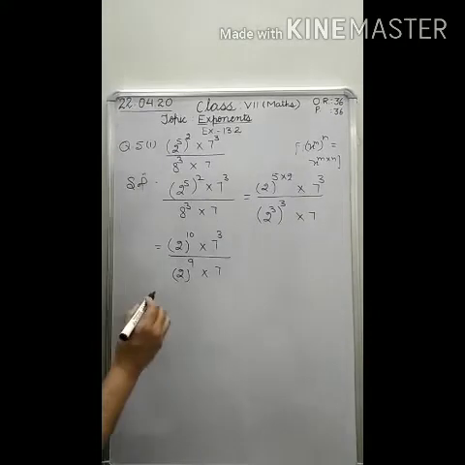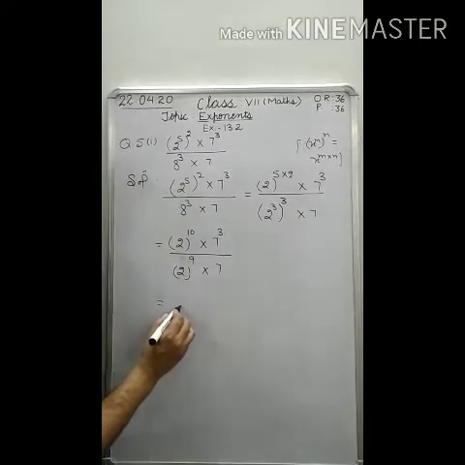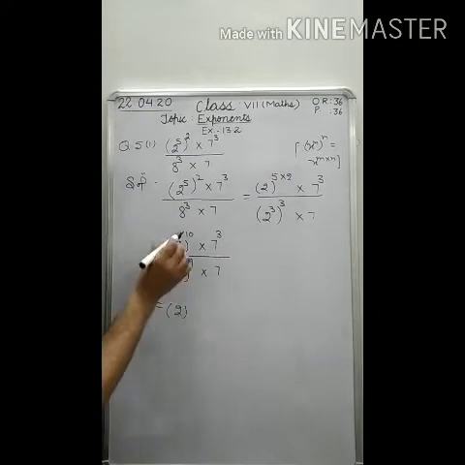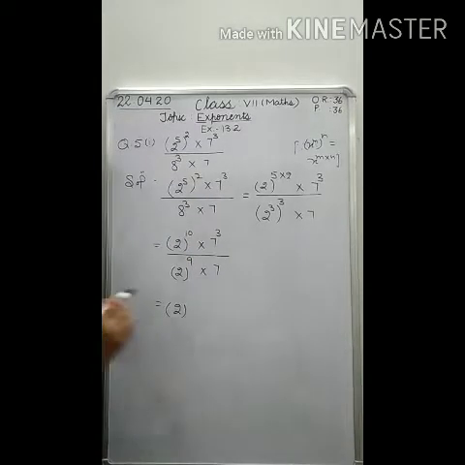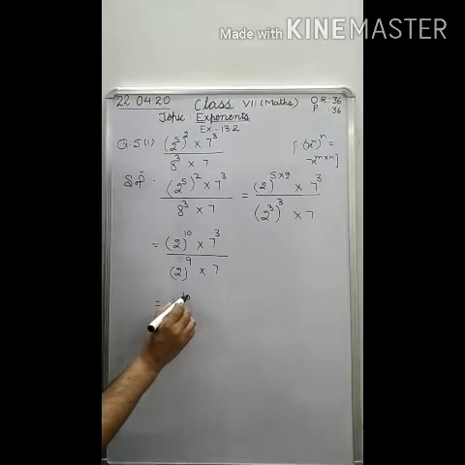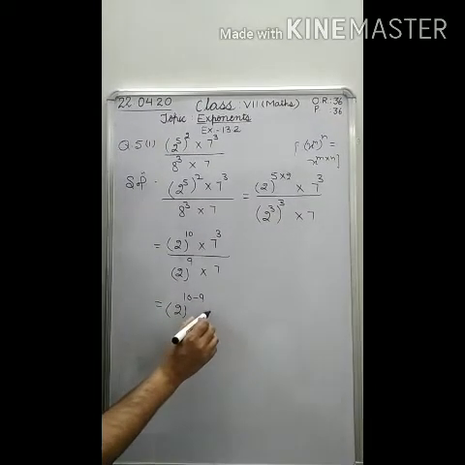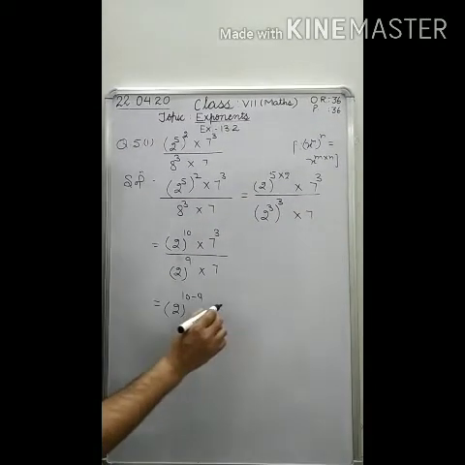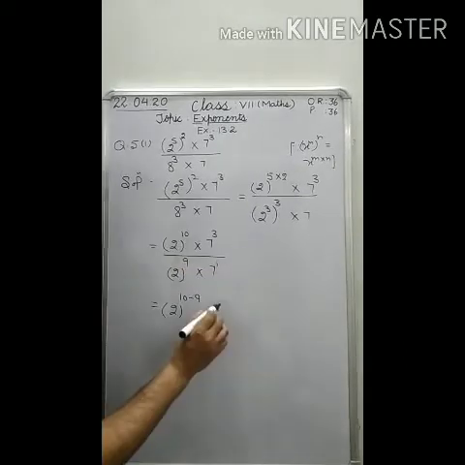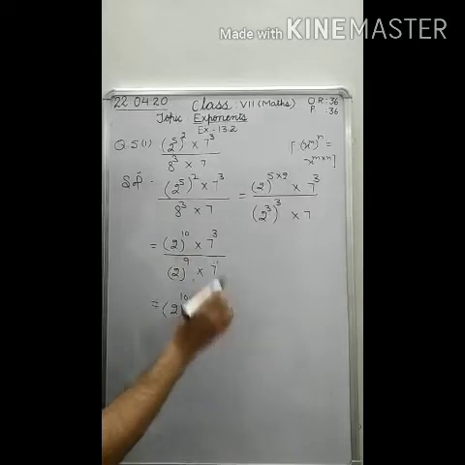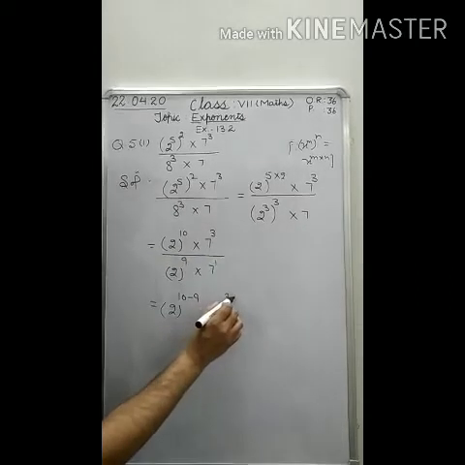So when we solve it, it will become 2 raised to the power, the upper part means m is 10 and n is 9, so it will become 10 minus 9, into, here the upper power is 3 and the lower power you can write as 1. So it will be 7 raised to the power 3 minus 1.